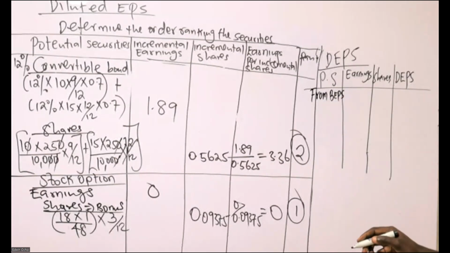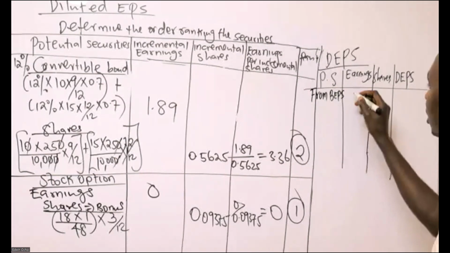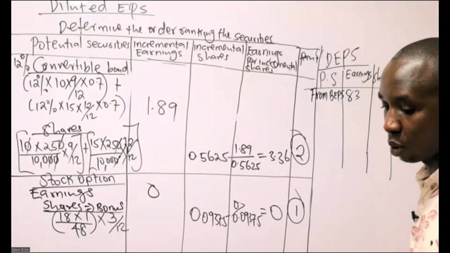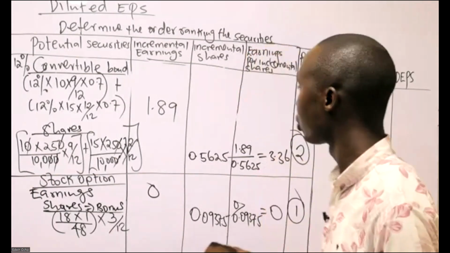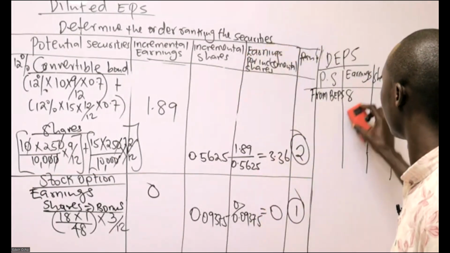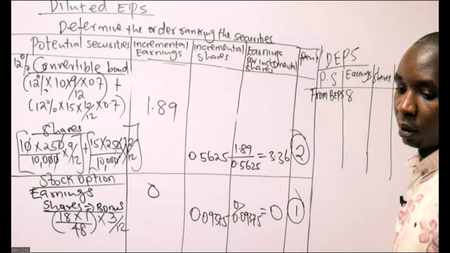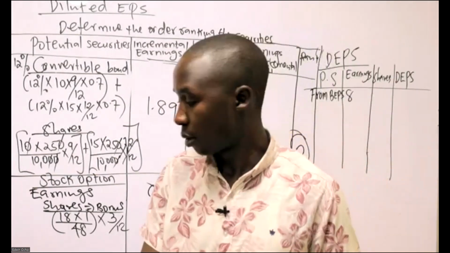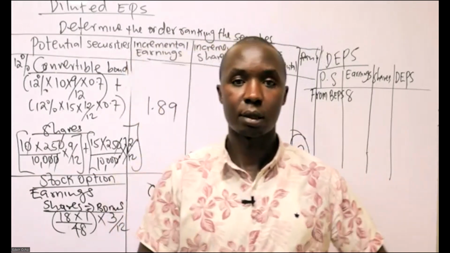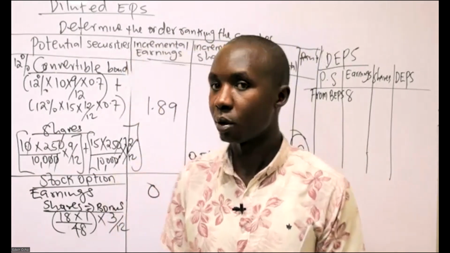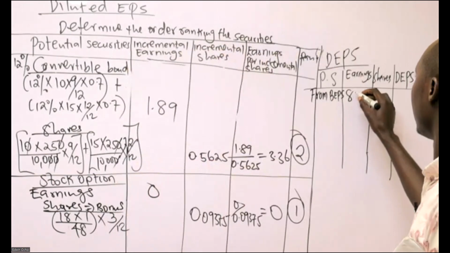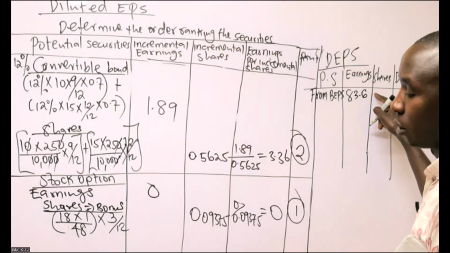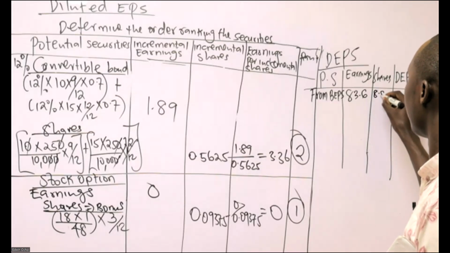So the earnings, in short, was 83.6. The shares were 8.82.